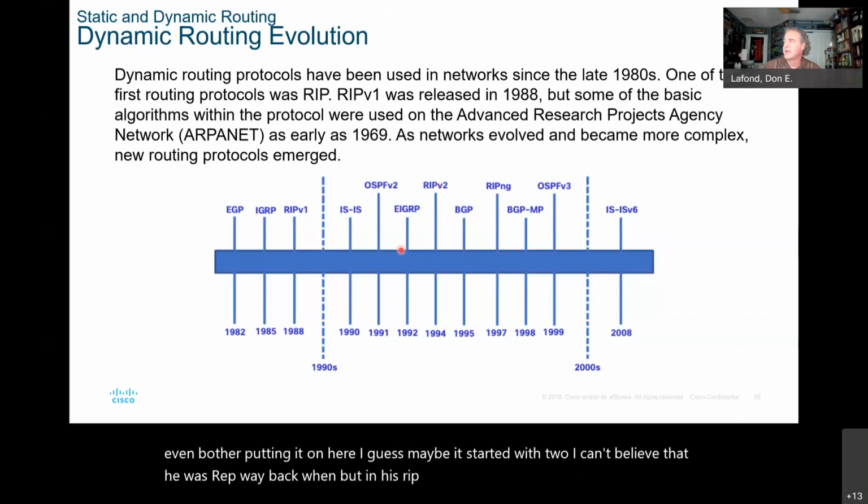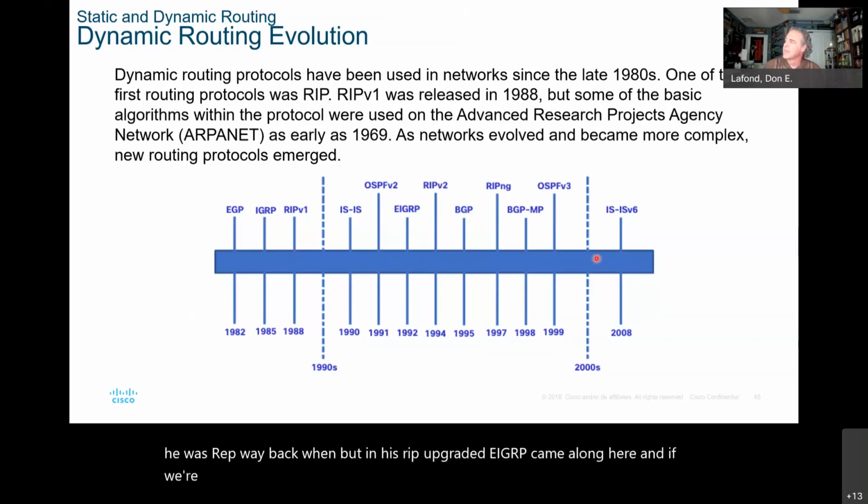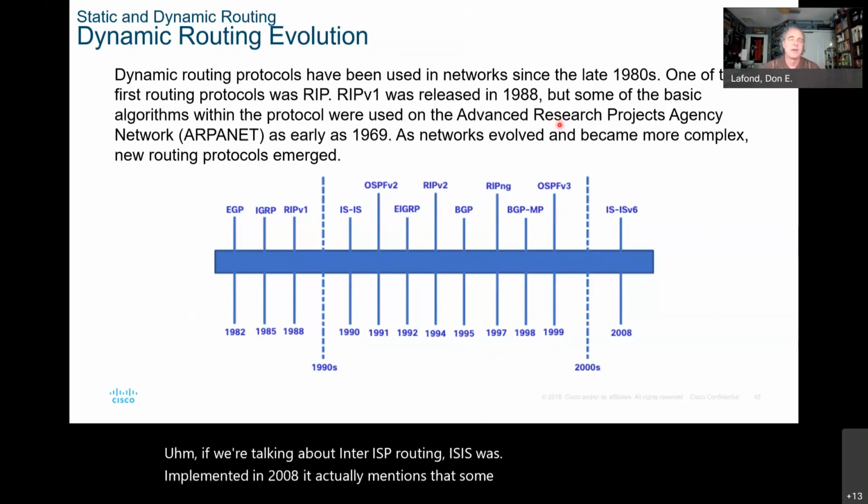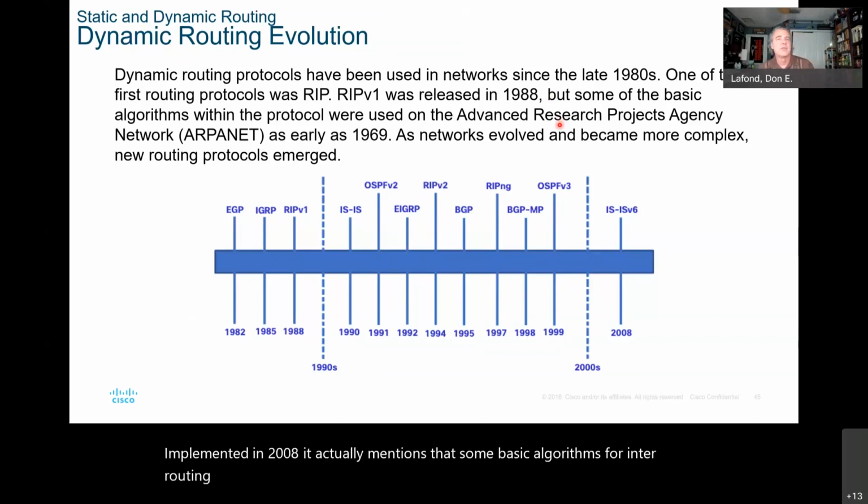EIGRP came along here. And if we're talking about inter-ISP routing, IS-IS was implemented in 2008. It actually mentions that some basic algorithms for inter-routing protocols were used by ARPANET as early as 1969, so we've come a long way since then.